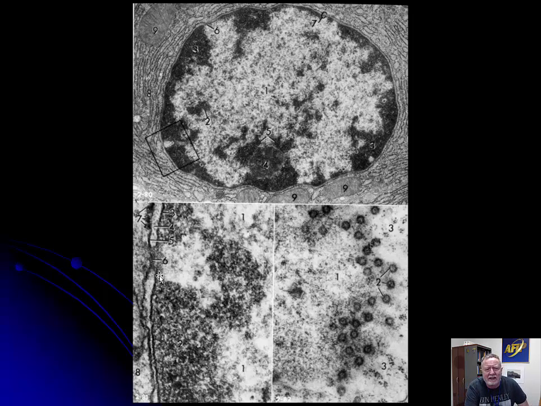But if you see expansion of this nuclear envelope, which is connected to the smooth endoplasmic reticulum, I've never seen that in a cell that wasn't degenerating. That's one that I can hang my hat on and say, yeah, that cell's having some problems. It's taking on water. So I use it for that.